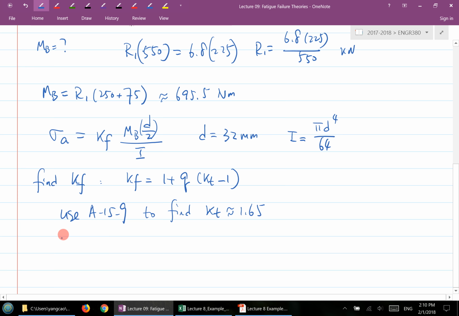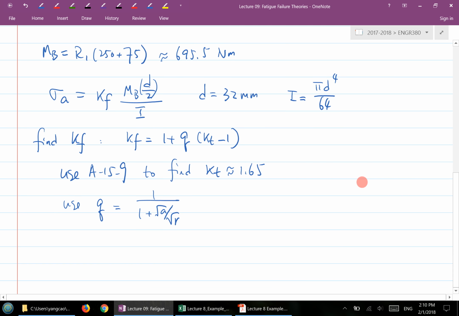And the q value. We're going to use this formula to calculate q: 1 over 1 plus root a over root r. If you recall, what do we call this root a here?